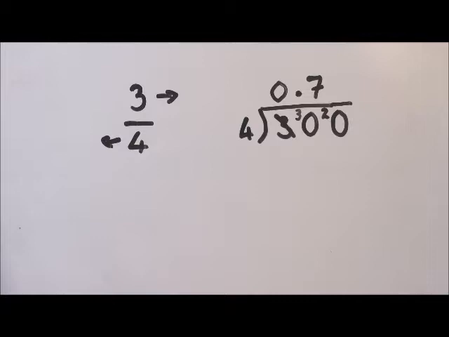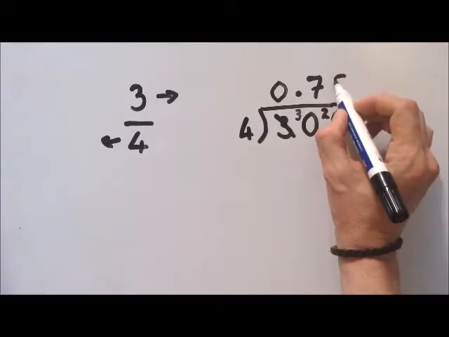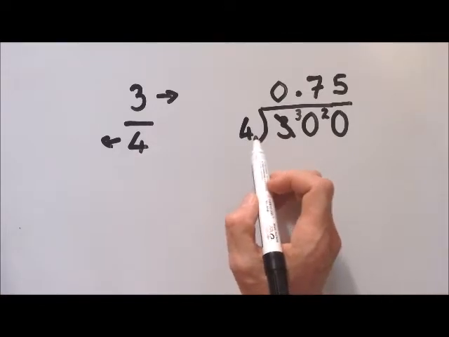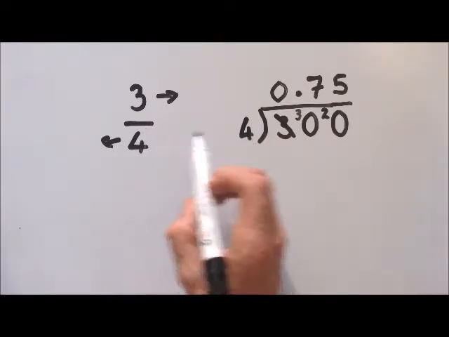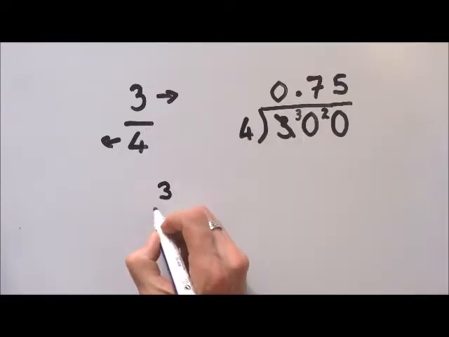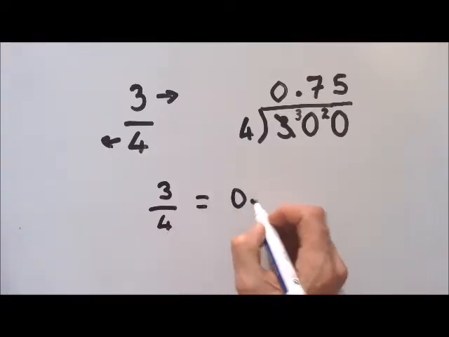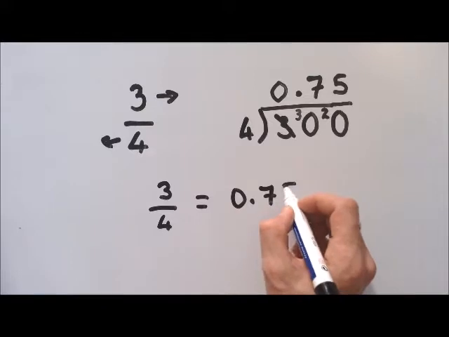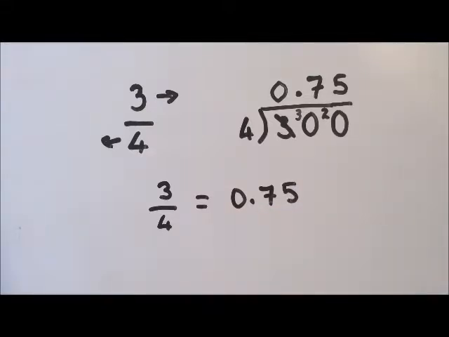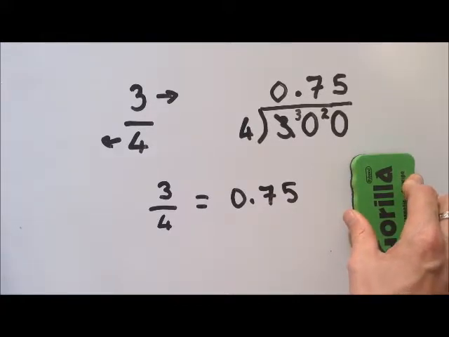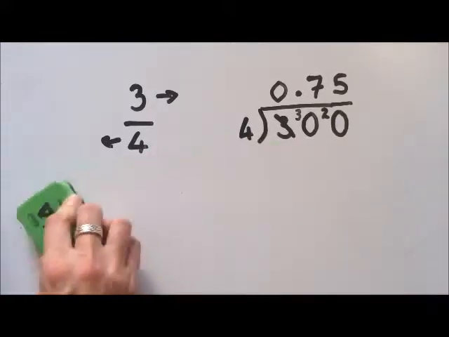Well, we know that 5 4's is 20. And there we have it. 3/4 is equal to 0.75. Okay? We'll just do one more example of this bus stop method of changing fractions into decimals.